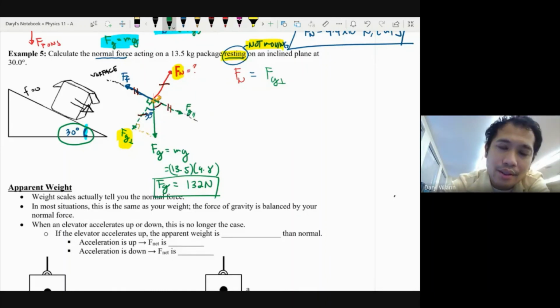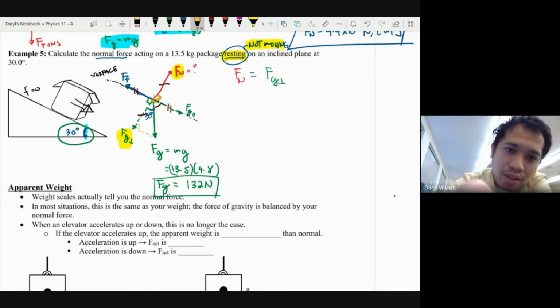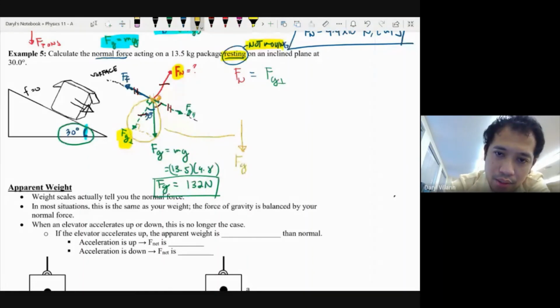I'm just concentrating on this part here, so maybe I'll redraw that again. This would be your right triangle. This is your Fg perpendicular, and then this is your Fg.